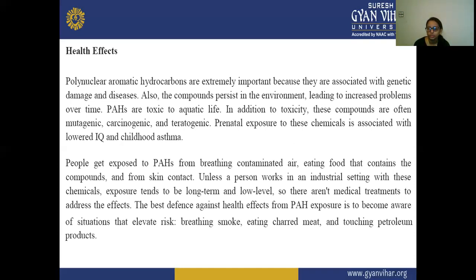In addition to toxicity, these compounds are often mutagenic, carcinogenic, and teratogenic. And prenatal exposure to this chemical is associated with lower IQ and childhood asthma.